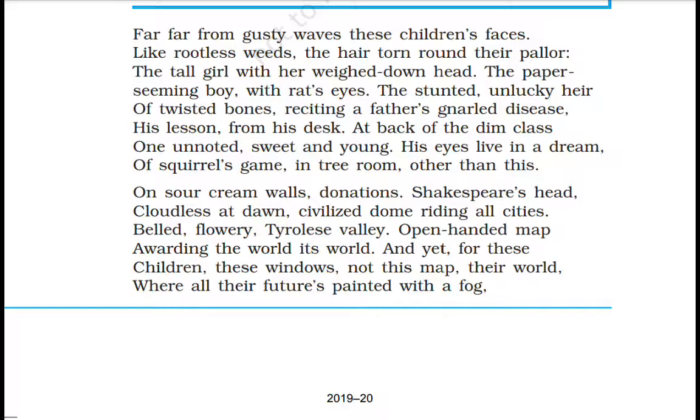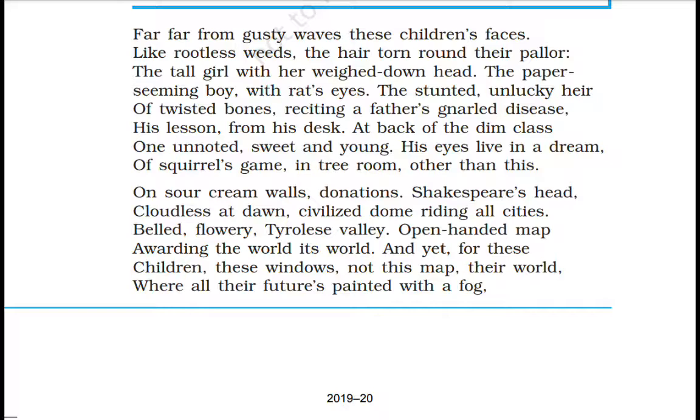So here far, far has been repeated. This is known as repetition. And why has far, far been repeated? To stress the great difference between the rich and the poor. So here gusty waves refer to the rich and privileged children who live in a civilized world, but these children's faces are far away from them.